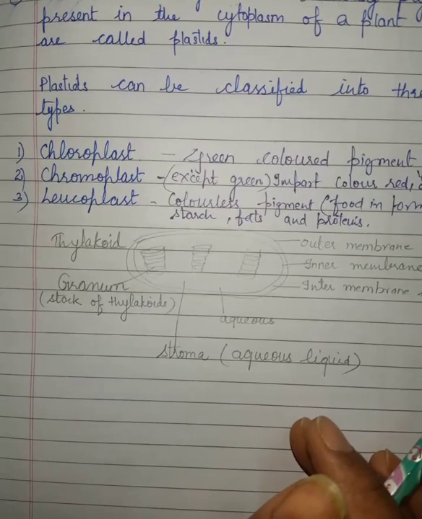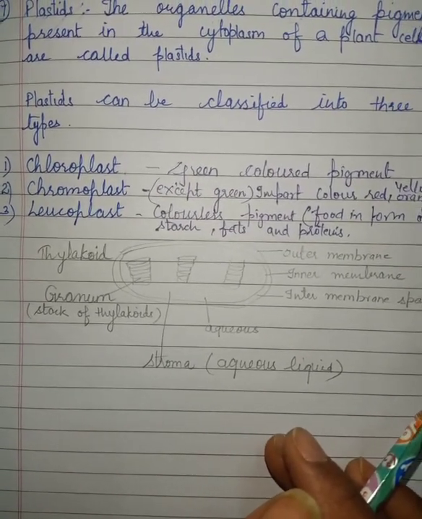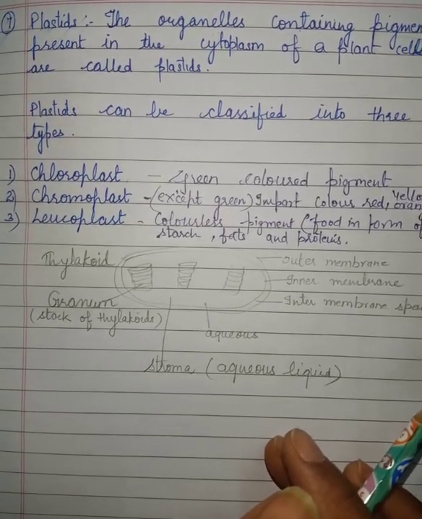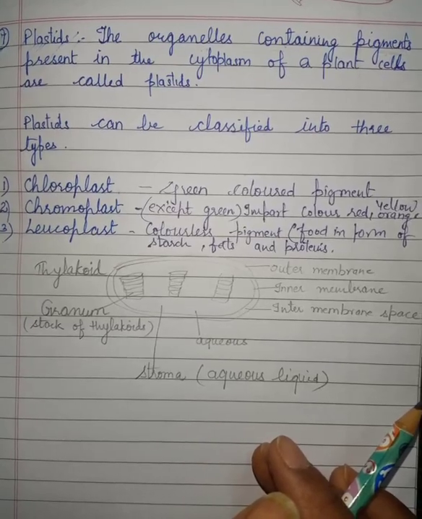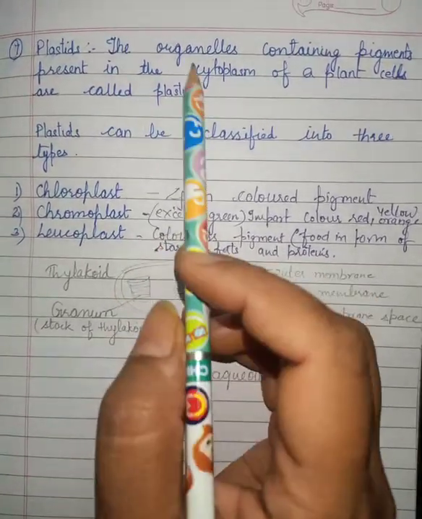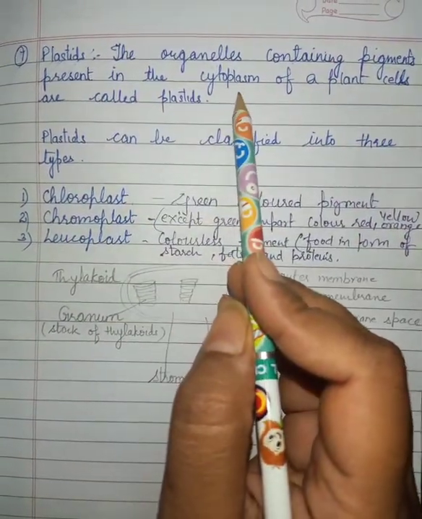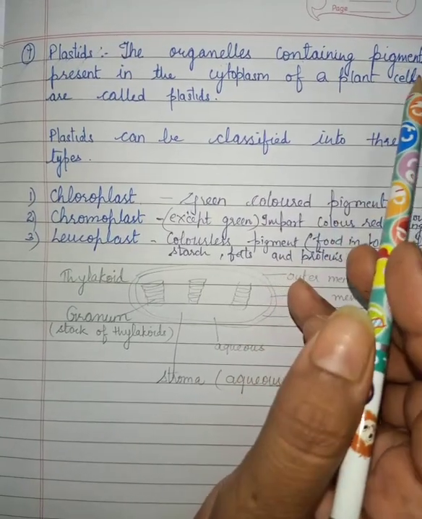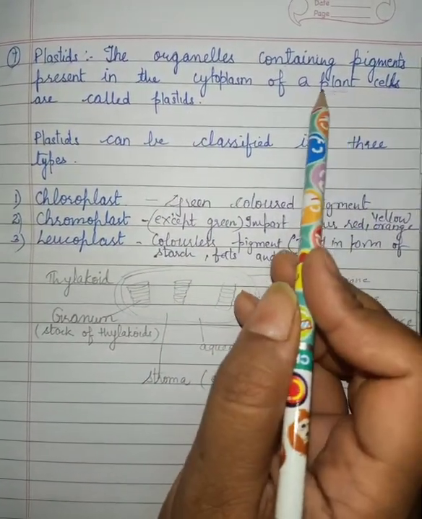And the plastids, what are they? They are the organelles of the cell which contain pigment. What is a plastid? A plastid is an organelle. Organelle means it is a part of the cell. So the organelles containing pigments present in the cytoplasm of the plant cell are called plastids. Why have we used the word plant cell?